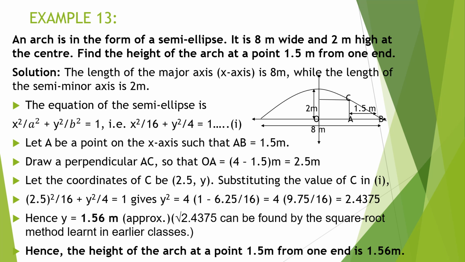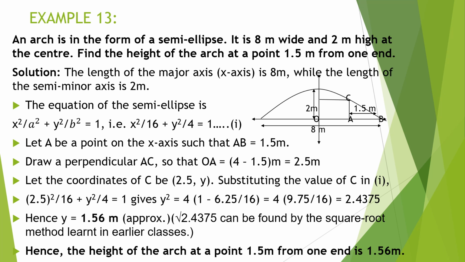Let A be a point on the x-axis such that AB is equal to 1.5 meters. So what do we want to find? We want to find the height, which is AC in this case, at a point 1.5 meter from one of the ends. Draw a perpendicular AC. What is OA, the distance of A from the origin O?